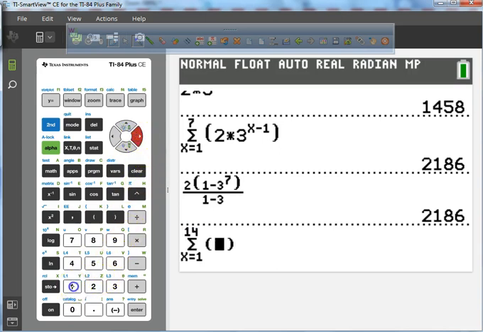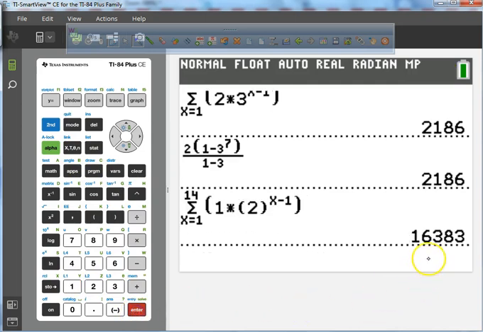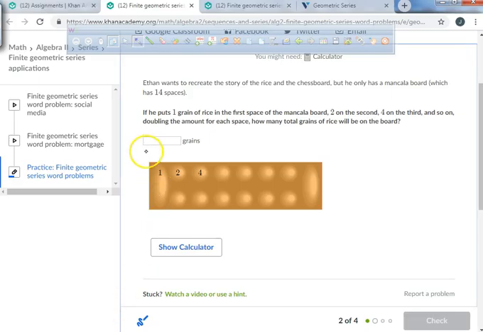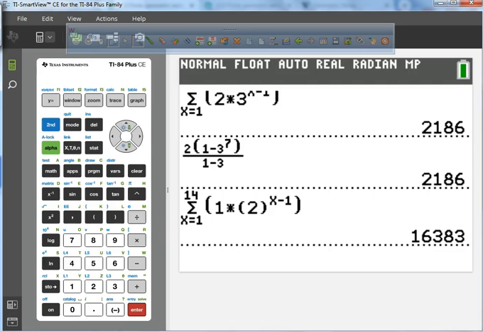We started at number 1, multiplied by 2 to the power of x minus 1. $16,383. Alright, what was that again? 16,383. Alright, let's go and type that in.